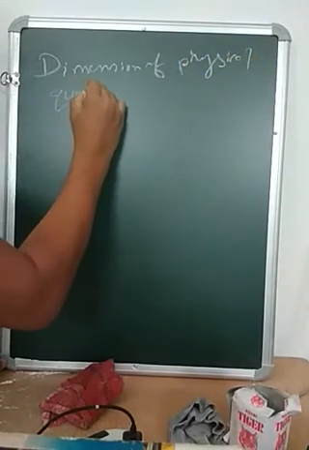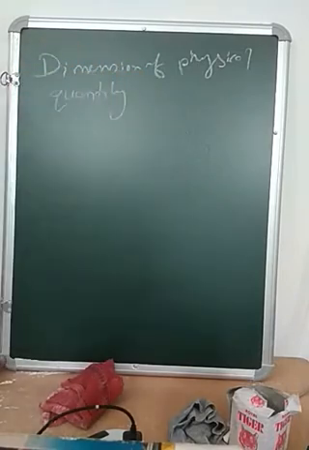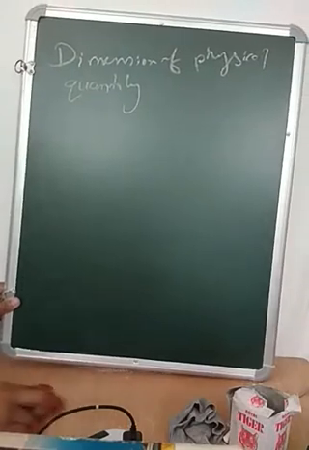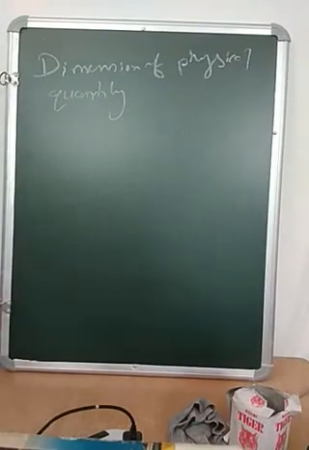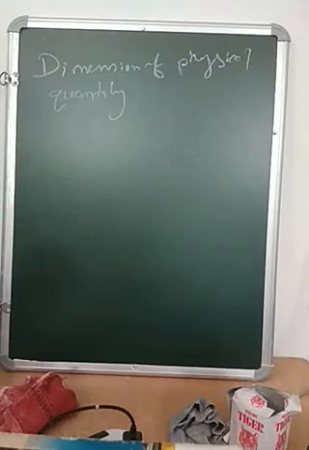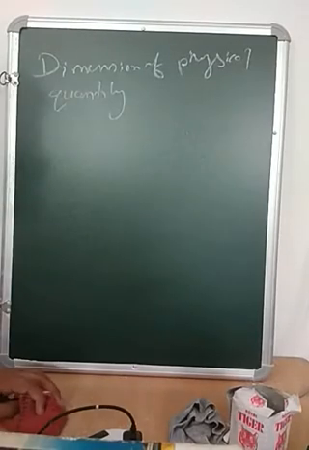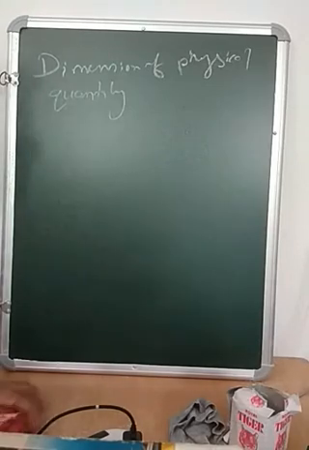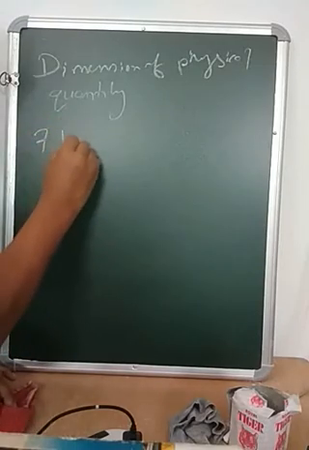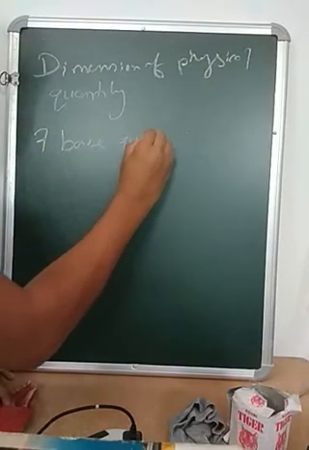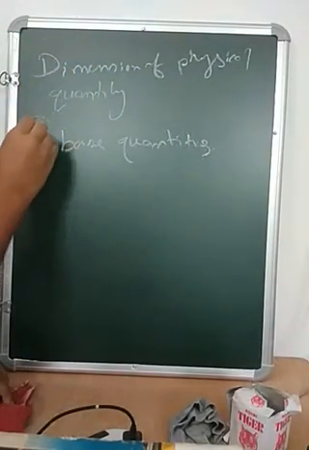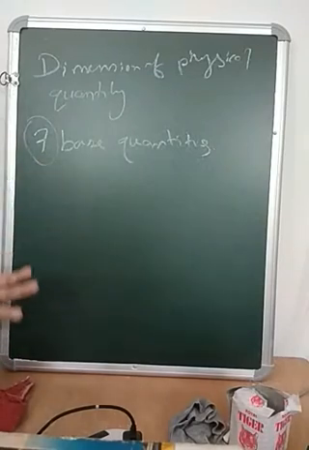As we discussed in the first class of the second chapter, there are 7 base quantities, and all other derived physical quantities can be expressed with the help of these 7 base quantities.